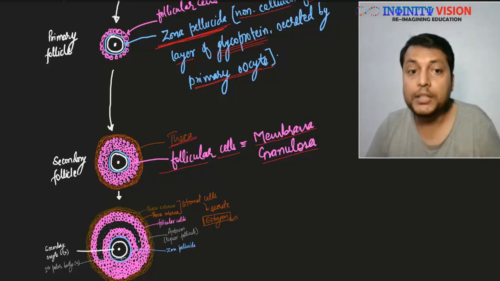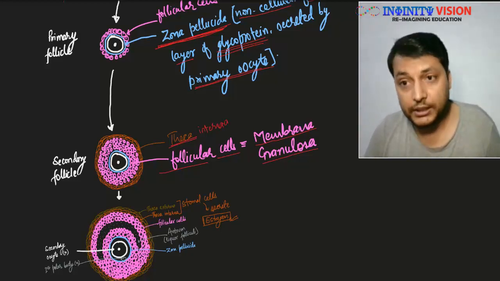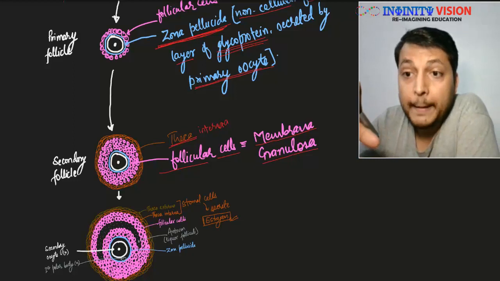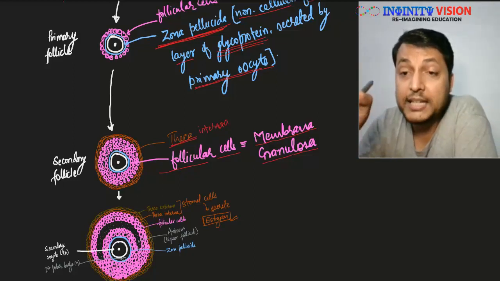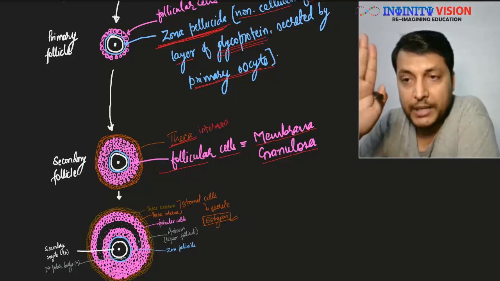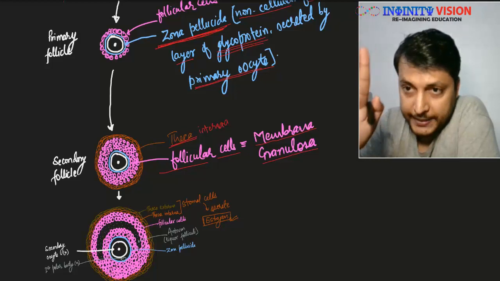What they form here is theca interna, or internal theca. Great. So this internal theca is formed, but this theca is not well differentiated as of now. The primary oocyte and the zona pellucida will persist.